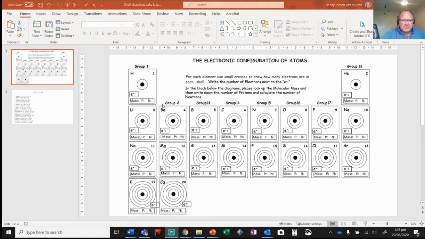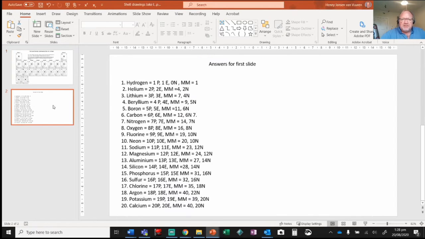Now, this is Jake Lawrence. Jake and Nicholas Tolkien had the same ideas. They listed the first 20 elements, so you can see hydrogen, helium, lithium, beryllium, boron, and then they said hydrogen's got 1 proton, 1 electron, 0 neutrons, and its molecular mass is 1.